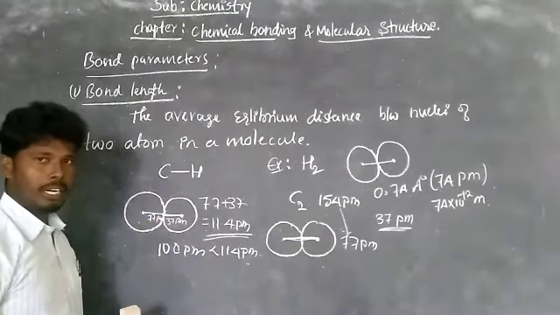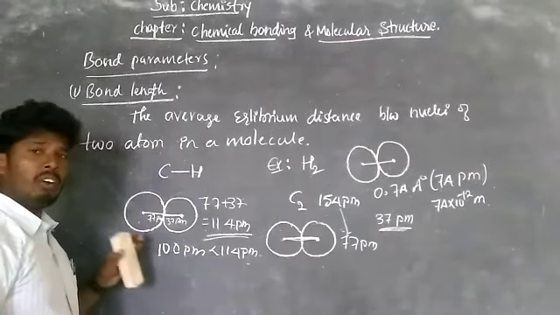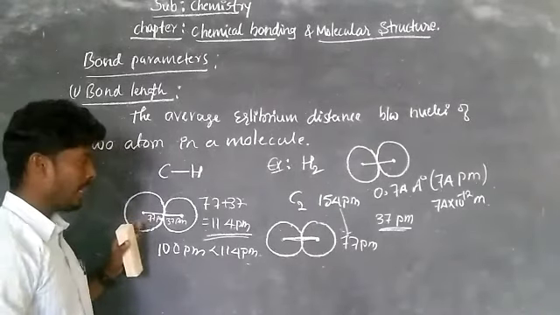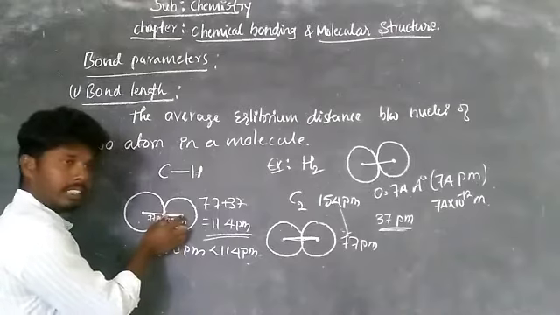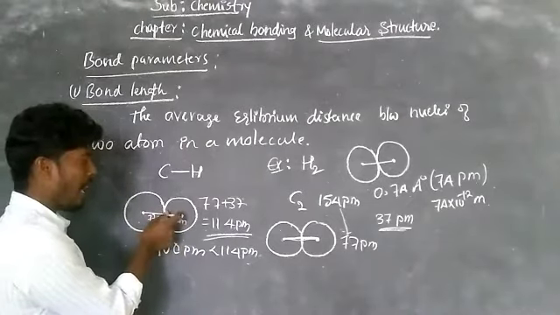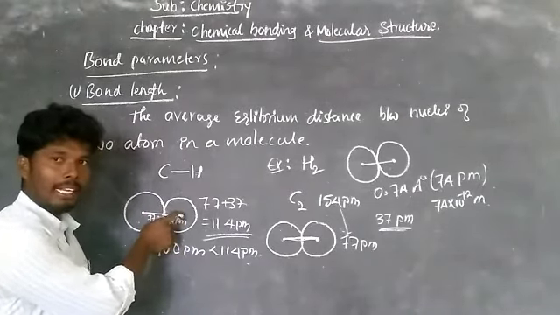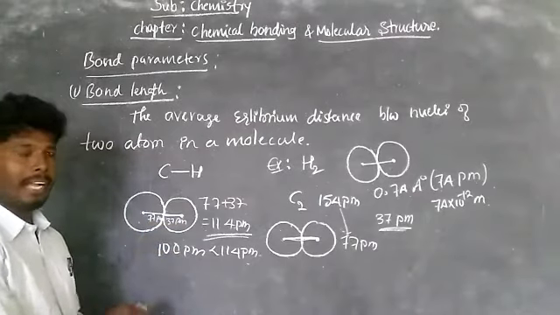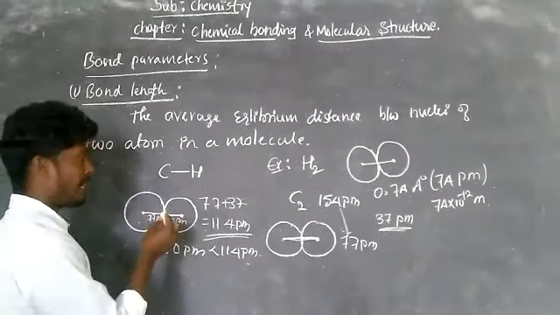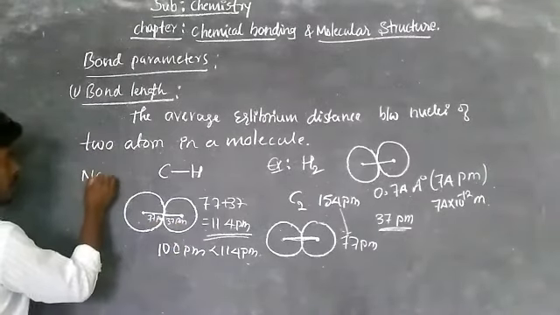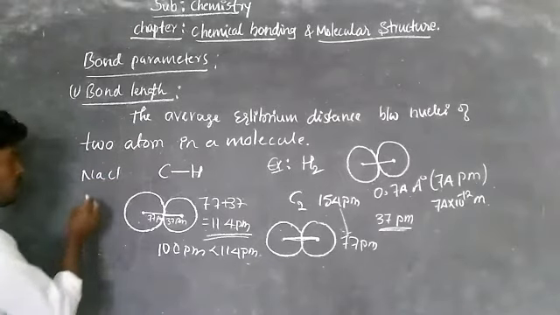in covalent atoms. Now in an ionic compound, the bond length is the same as the sum of the ionic radii of the atoms. For example, take sodium chloride, which is an ionic compound.